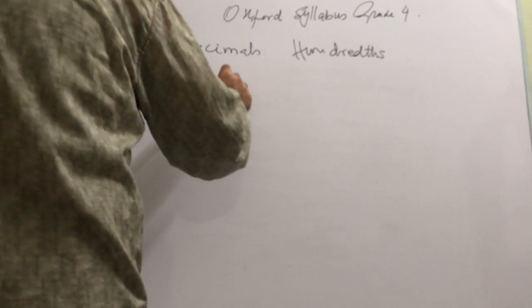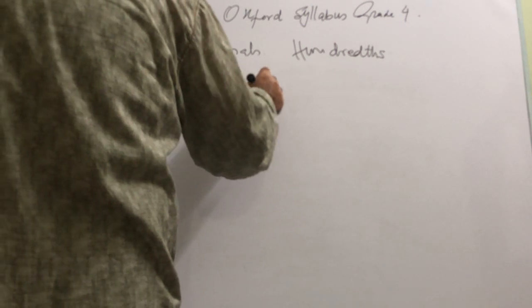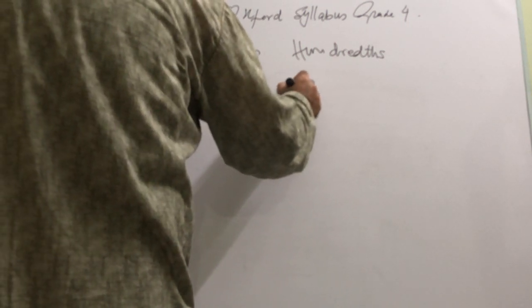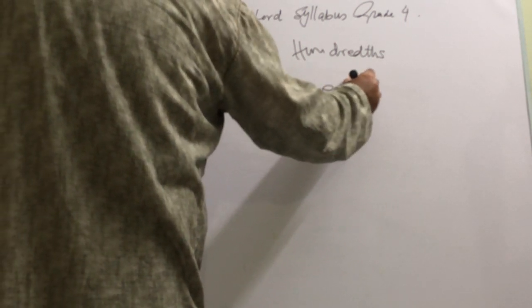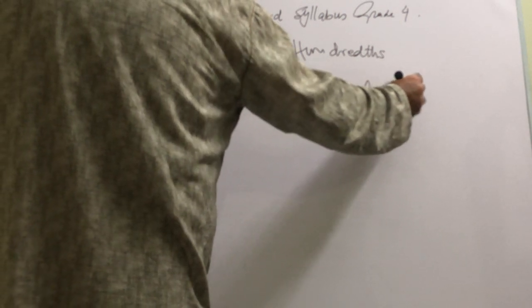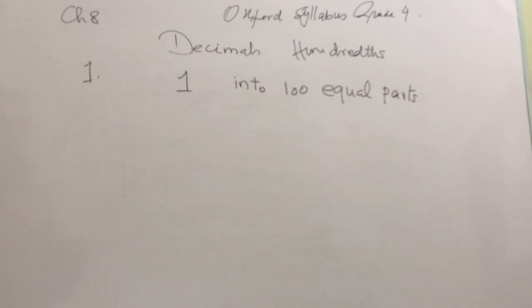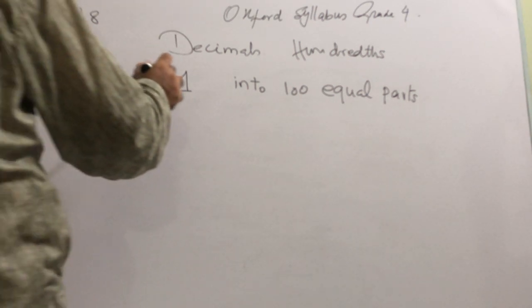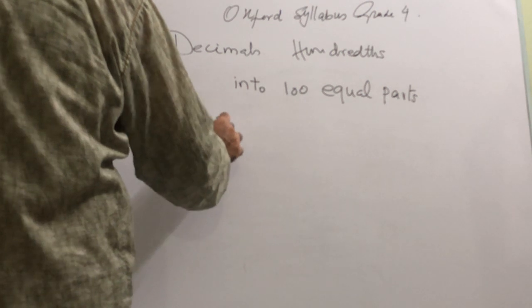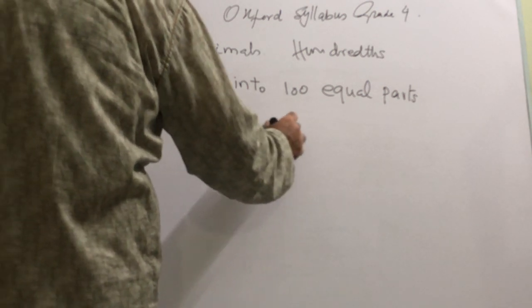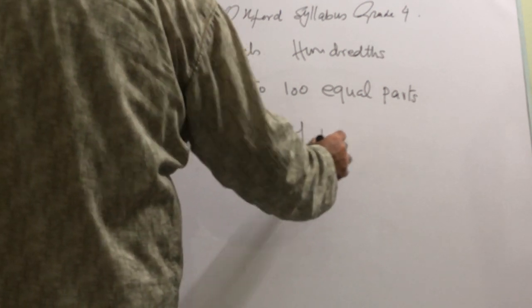One whole into 100 equal parts. Okay. So if there are 100 equal parts, we need to find one out of 100 parts.